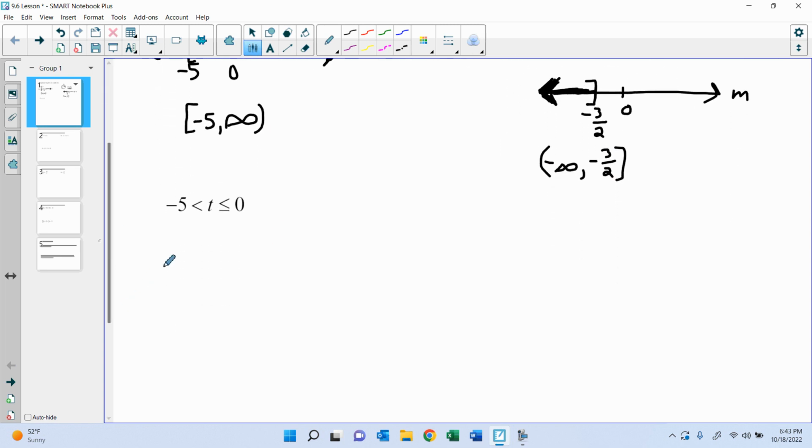All right, so now this next one we're going to graph on a number line. So this one's a little different. This is in between. So I'm going to draw my number line again, and I'm going to put a T here because this is what T is. And I'm going to put the two numbers that are relevant, which is -5 and 0. I don't need to write the whole entire number line on there because, again, it doesn't matter. It's every number.